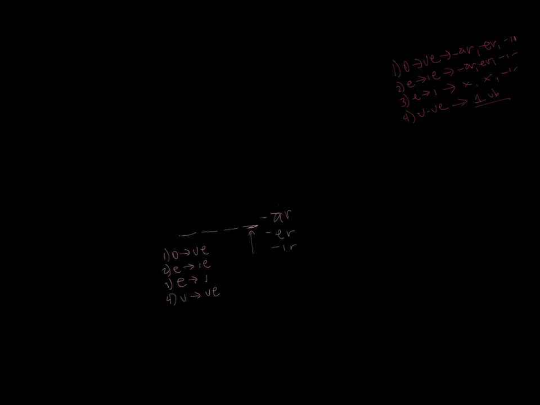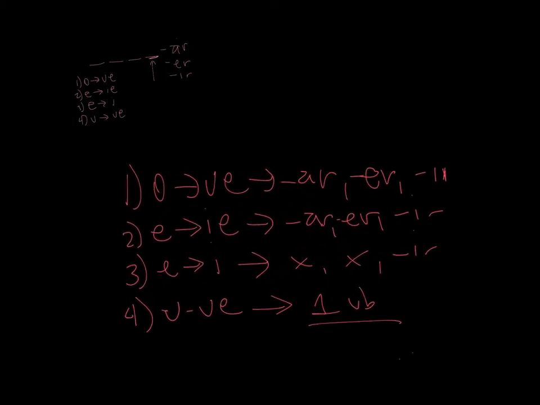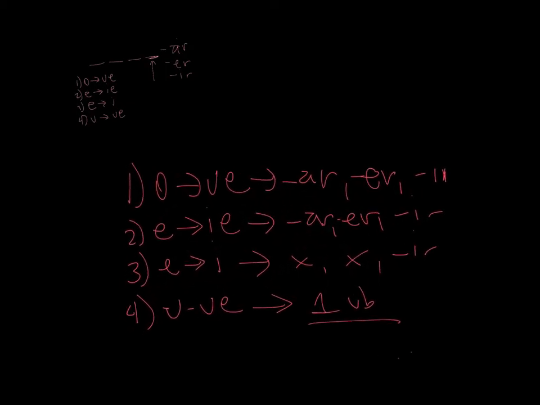Then we also said that when O changes to UE, we're going to have AR, ER, IR ending verbs. When E changes to IE, AR, ER, and IR. When E changes to I, we're only going to have IR. And when U changes to UE, we're only going to have one verb. And we will start with that example.